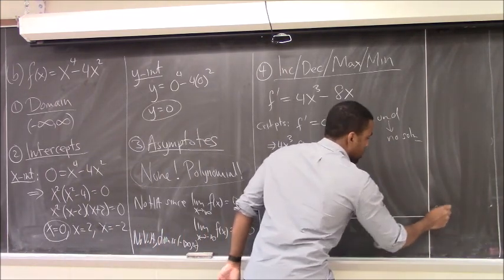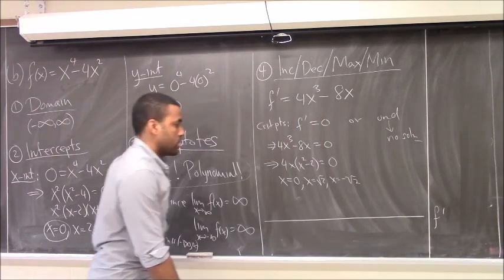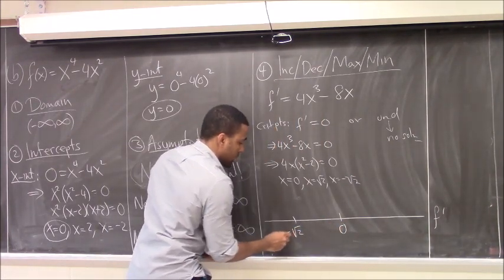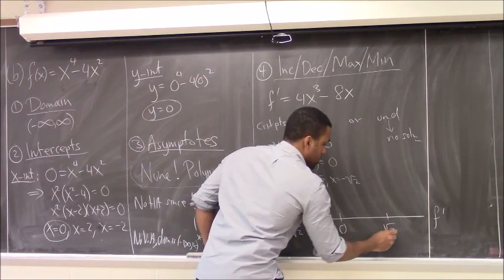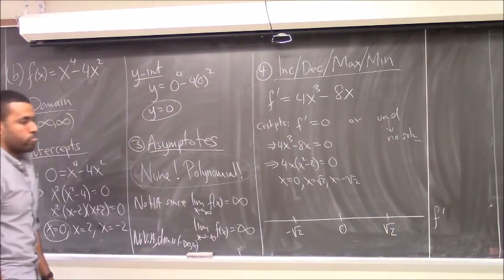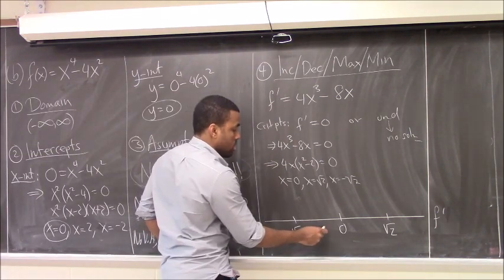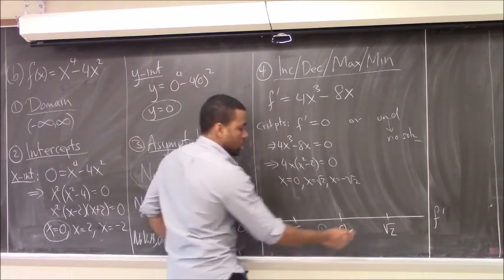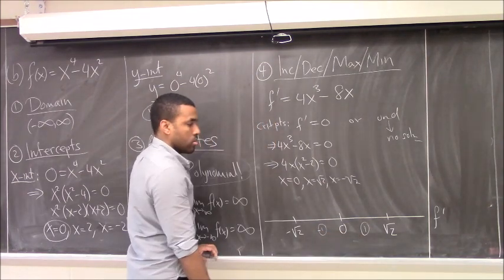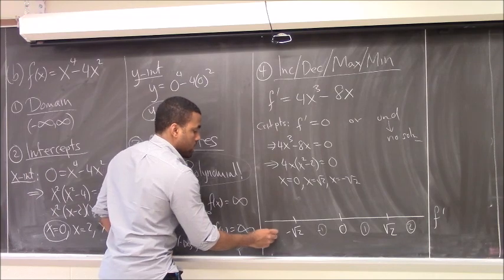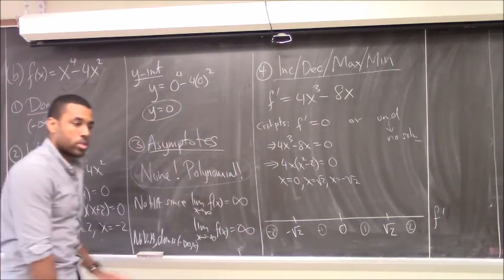And I'm going to test those in the first derivative. So I'm going to plot 0, plot minus radical 2, plot radical 2 positive. And you're going to pick random numbers in between all of these. So minus 1 is in here, 1 is in here, 2 is over here, and minus 2 is over here, so I'm going to pick those numbers.